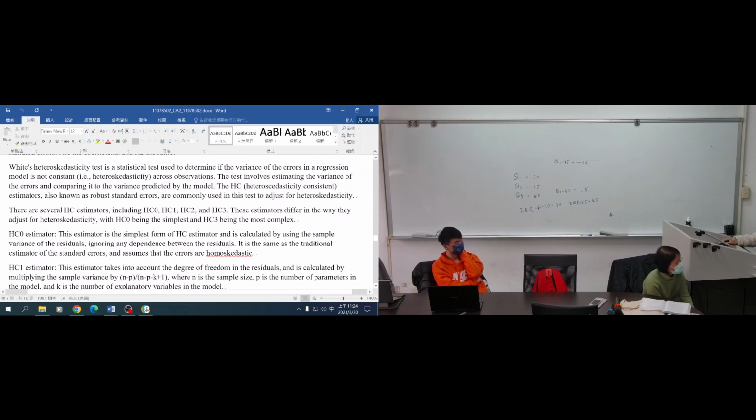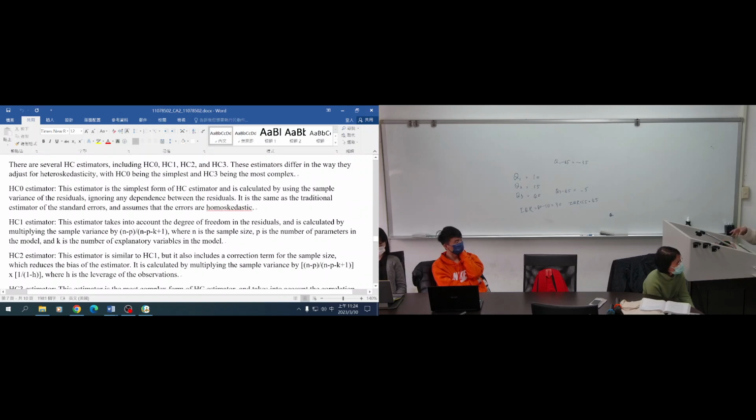Yeah, and then HC0 is the easiest one, using the sample variance of the residuals, ignoring any dependence between the residuals. And then HC1 takes into account the degrees of freedom in the residuals and is calculated by multiplying the sample variance by this factor.